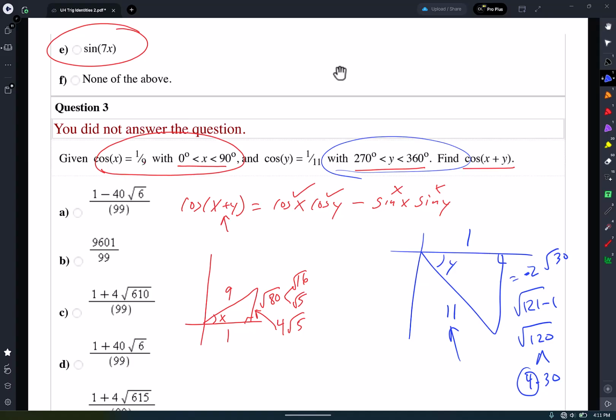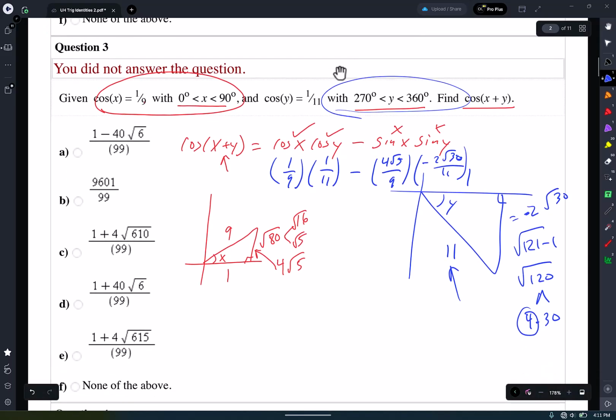All right, here we go. Cosine x, 1/9. Cosine y, well, they give me that one, 1/11. Minus sine x. So sine x is going to be 4 square root of 5 over 9. And sine y, negative 2 square root of 30 over 11.